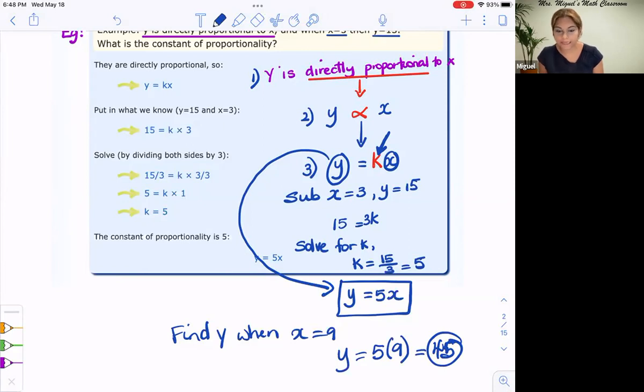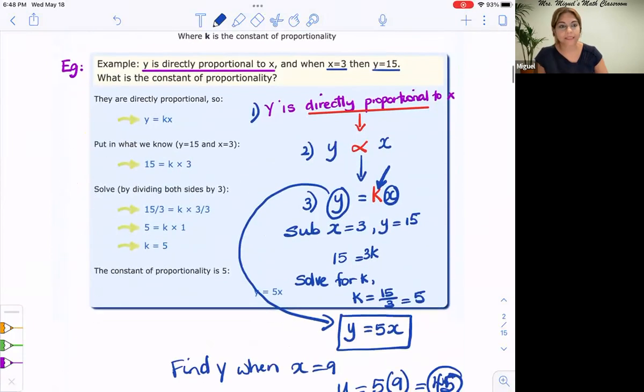Do you all understand that direct proportion, let me go back, it relates two quantities. It says as one quantity increases, the other increases. Think about the salary. You work a large amount of hours, you get a big pay. You work a small number of hours, you get a small pay.